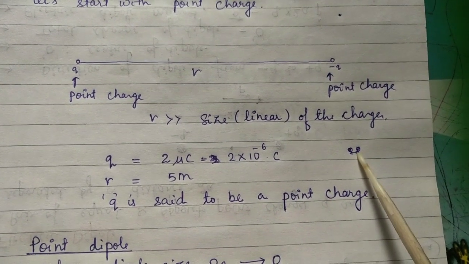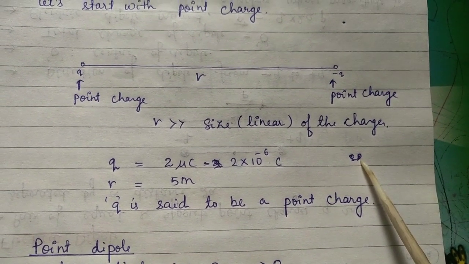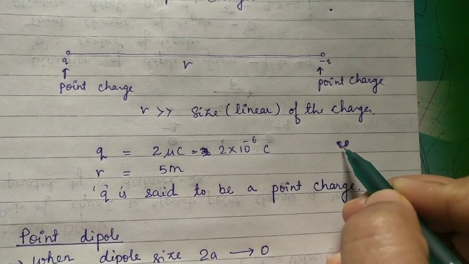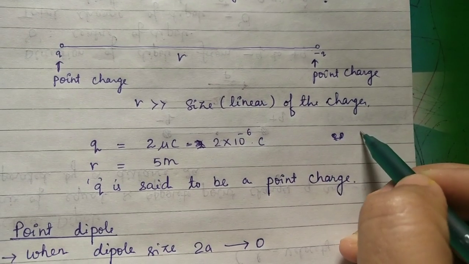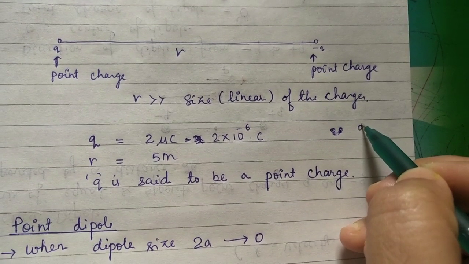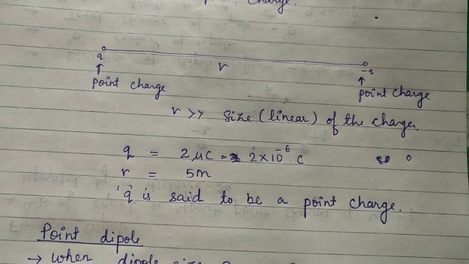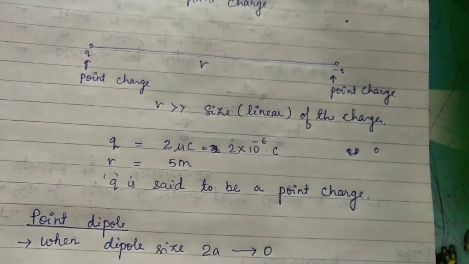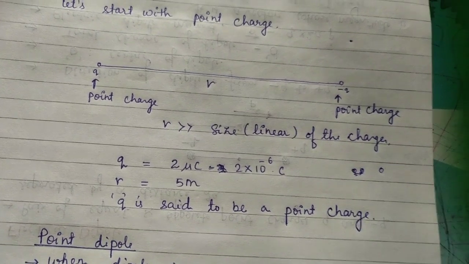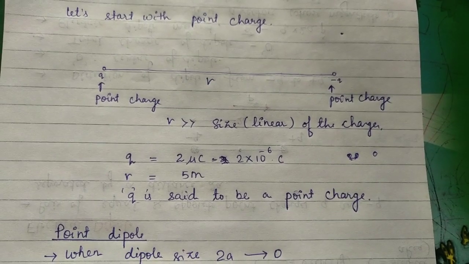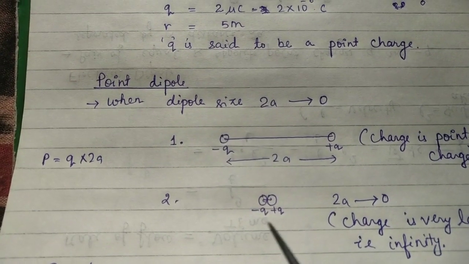Now the charges are not point charges, and if we still decrease the distance, one charge will overlap with the other charge. This will happen in the case of point dipole. So for point charge, you understood, the size of the charge is very less than the distance of separation between them. Let us move to point dipole.